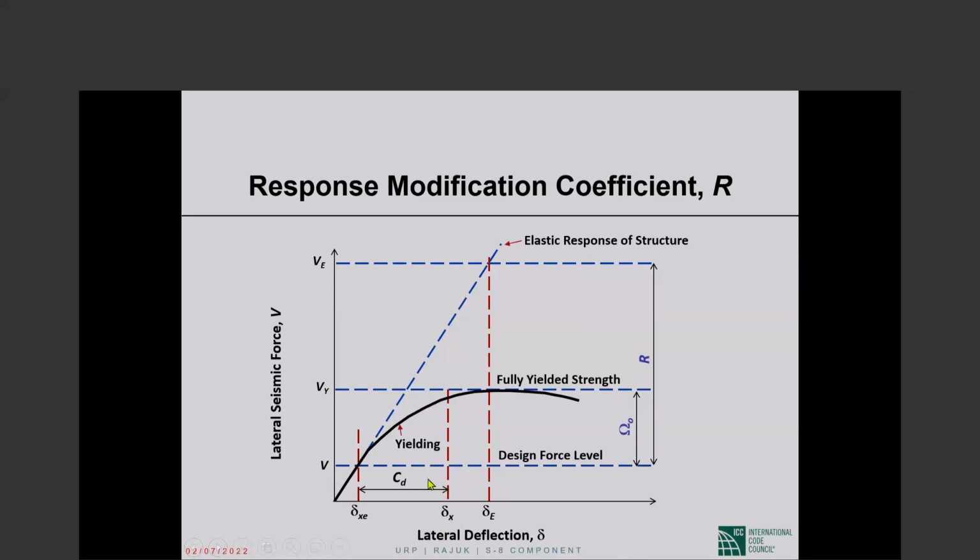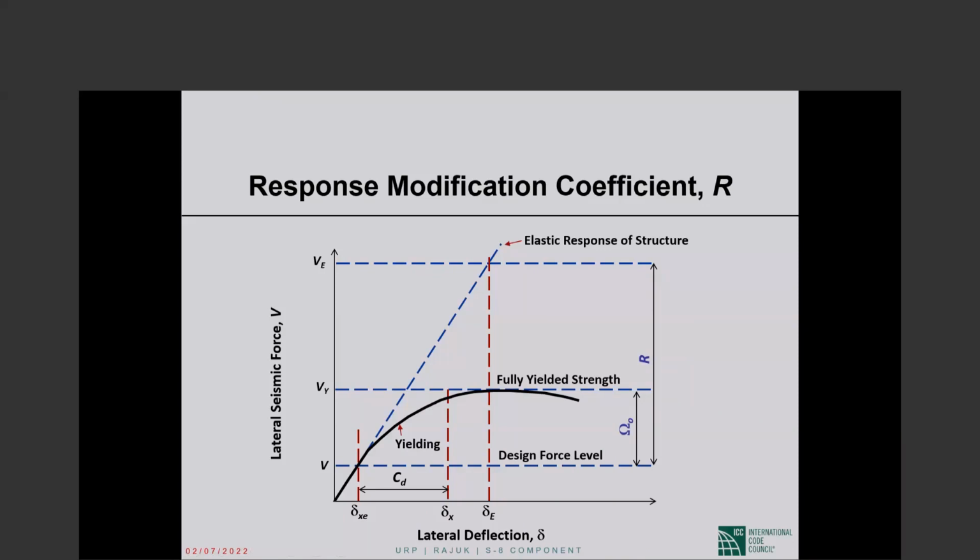C sub D is not the difference between the two, as one might get the impression from the figure. So delta sub xe amplified by C sub D gives us delta sub x, the estimated design earthquake displacements.